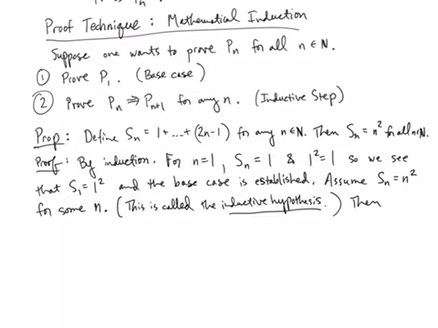Then, well, what do we have to do? We have to prove P sub n plus 1. So we have to look at S sub n plus 1. And that's 1 plus blah, blah, blah, 2 times n plus 1 minus 1. And that's 1 plus, just as before, we look at the term before that last one.